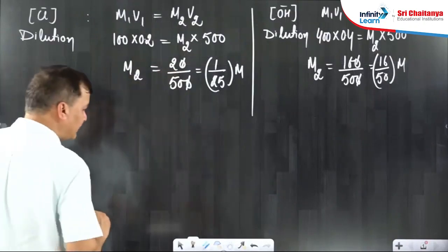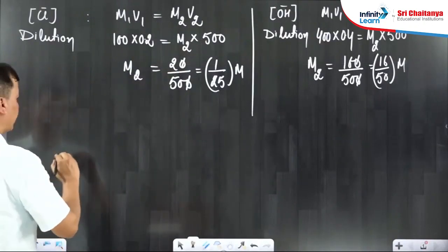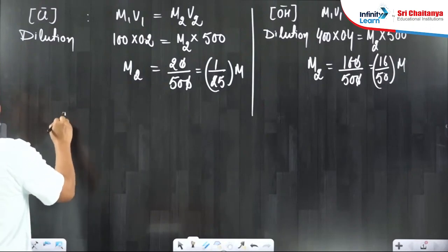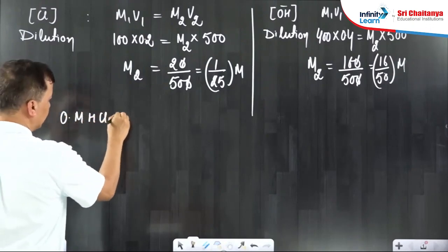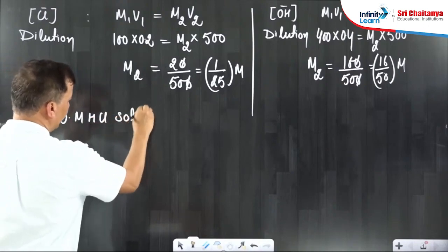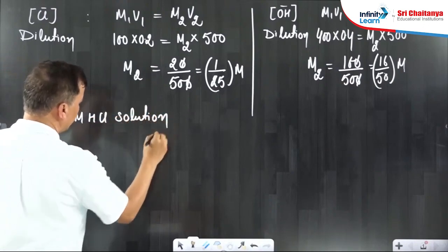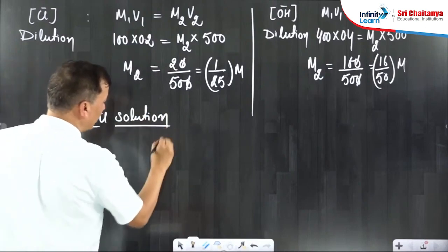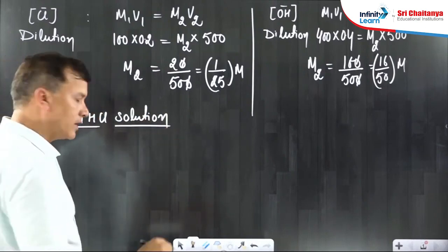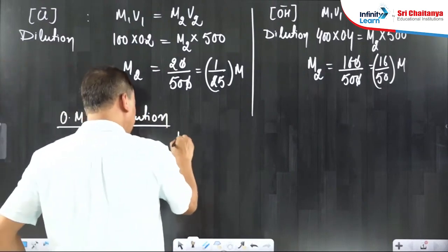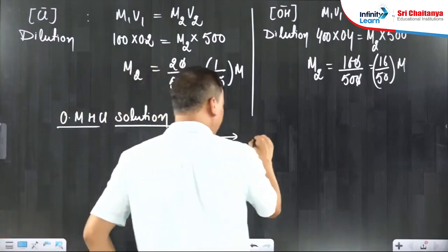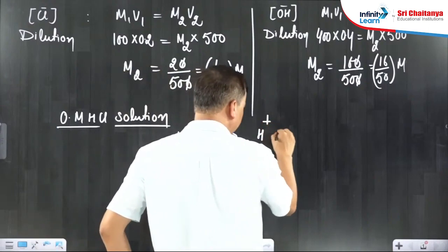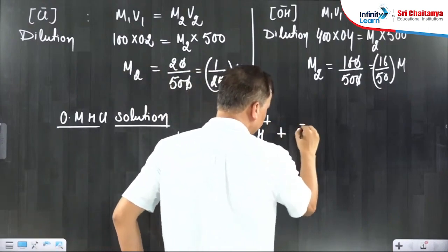Let me take one example, 0.1 molar HCl solution. This is important, so try to understand. When this HCl is dissolved in water, we get H positive plus Cl negative.